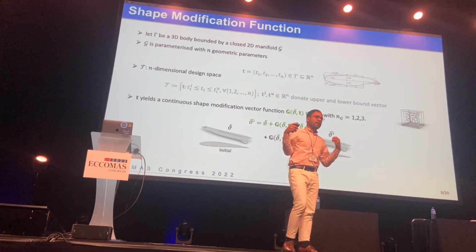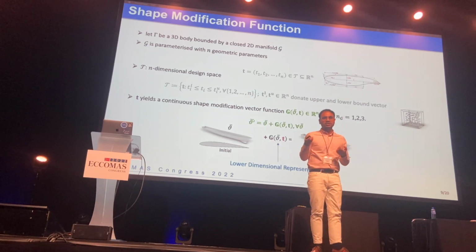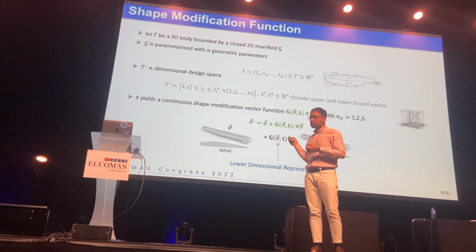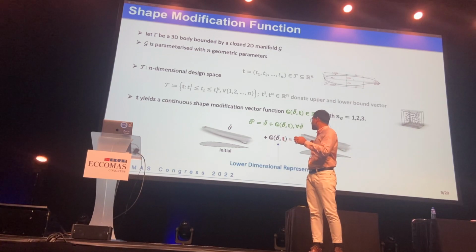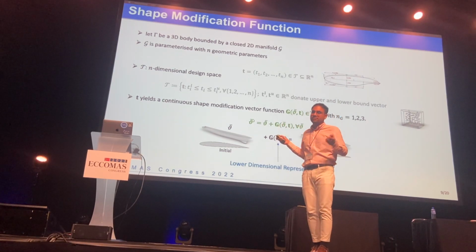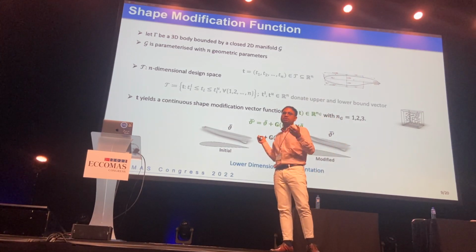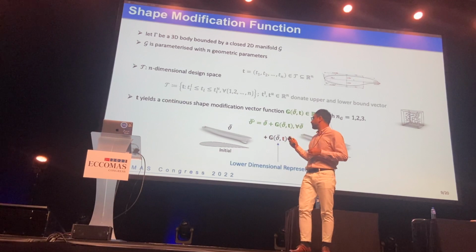So when I say dimensionality reduction, I want to have a lower order representation of this function. Instead of taking this t, which is composed of, let's say, 50 or 60 parameters, it takes only, let's say, 5 to 6 parameters, but captures all the representation that exists in the original space.